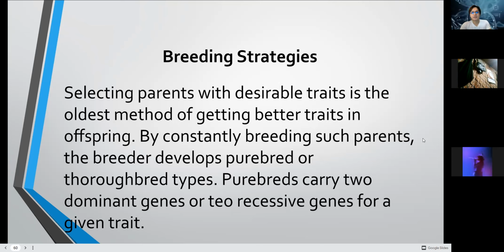Breeding strategies. These are the strategies being used in order for us to choose the best. Remember that when you breed an organism, you are thinking about making the best. This is the reason breeders don't want to breed their dogs, for example, with another variety of dog. Why? It's a big no-no.